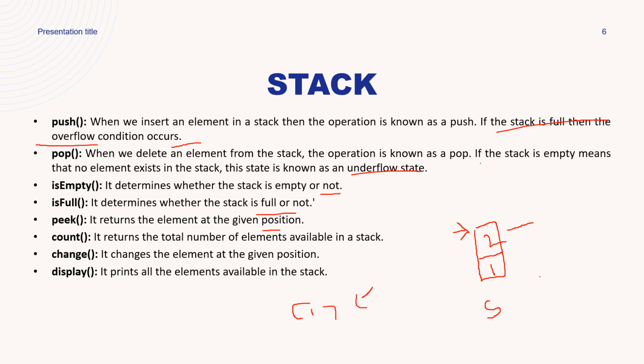Count returns the total number of elements available. Change is whether a particular element or position is changed or not. Display prints all the elements available in the stack.